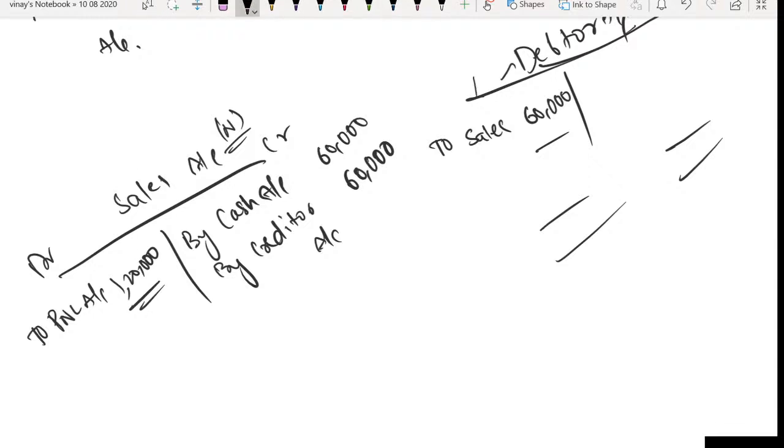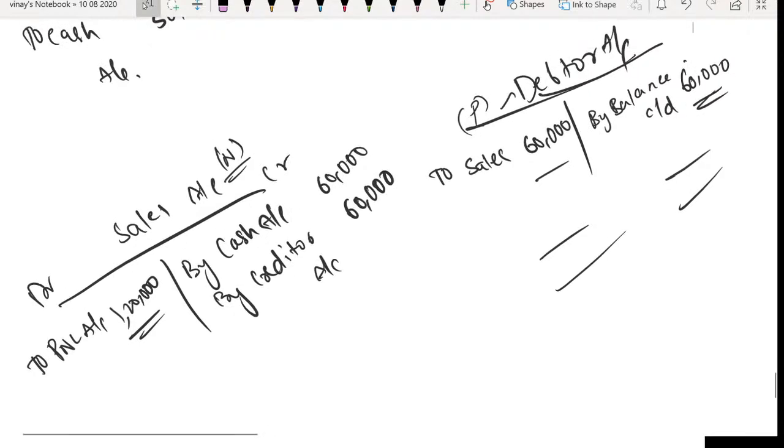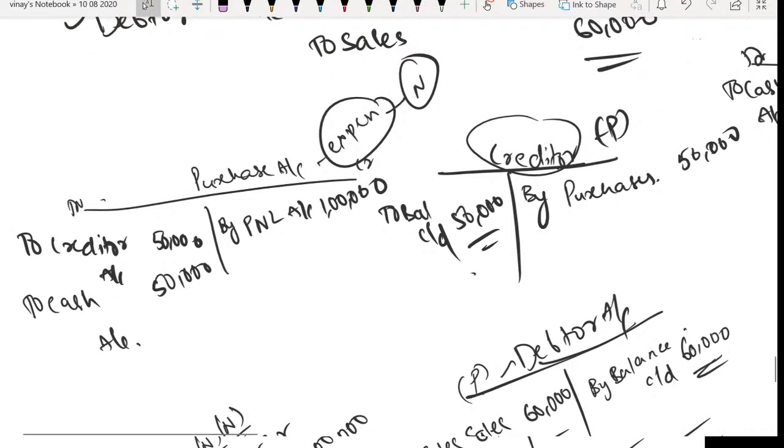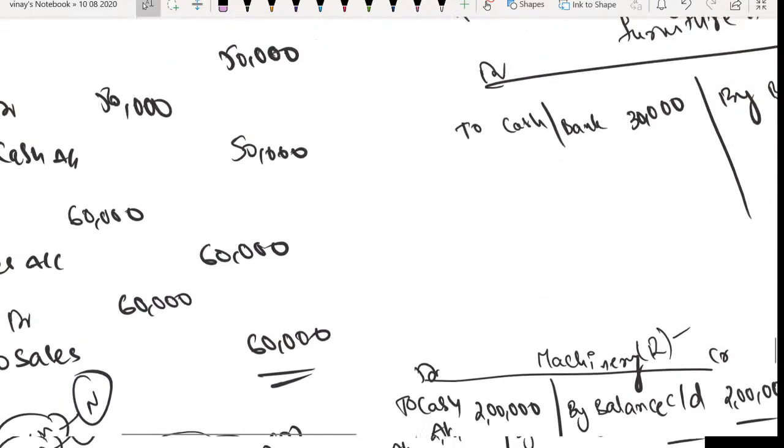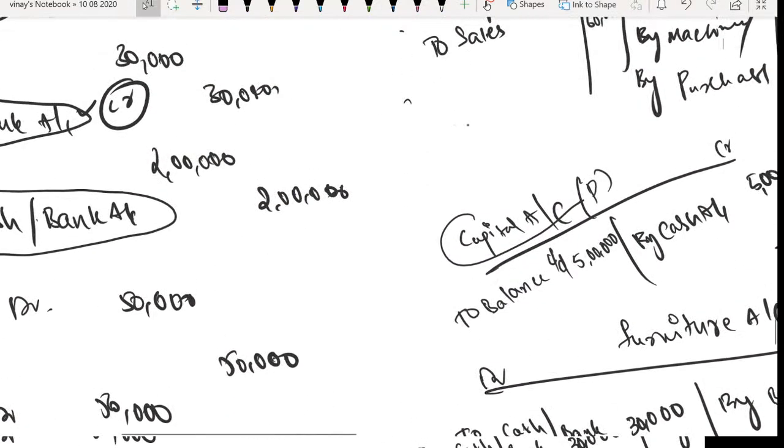Debtor is a personal account and you will write by balance carry down. That's it. I have closed each and every account. Now we need to go to the cash account.